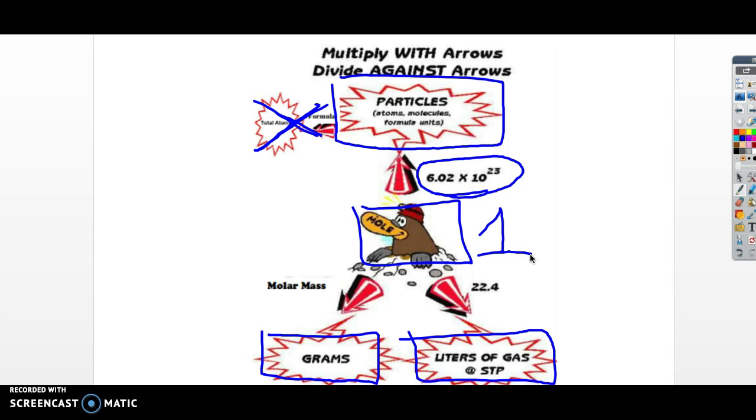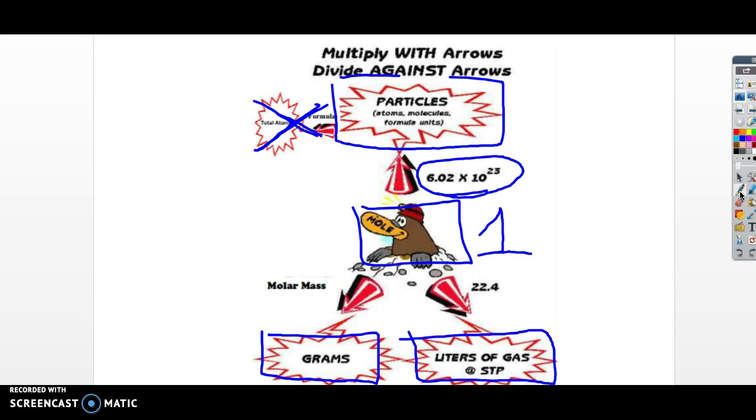If you have 1 mole of anything, of any formula, you're going to have 6.02 times 10 to the 23 particles. Notice, let me take some of that ink off so you can see. You can see this in yours as well. Particles can be anything from atoms, molecules, or formula units.